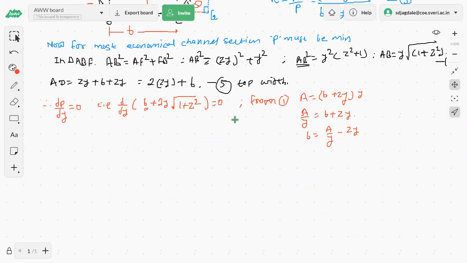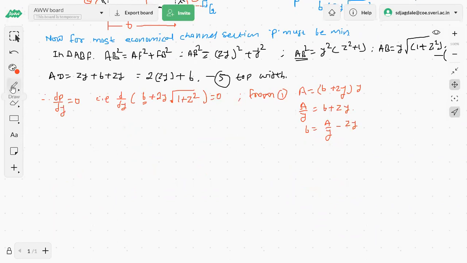So now putting it in this equation, what will you get? Therefore, d by dy of B, where instead of B there will be A upon y minus zy, plus 2 times y into root of 1 plus z square, equals 0.